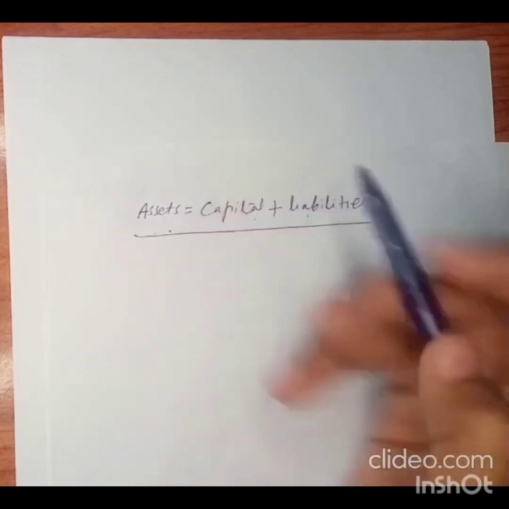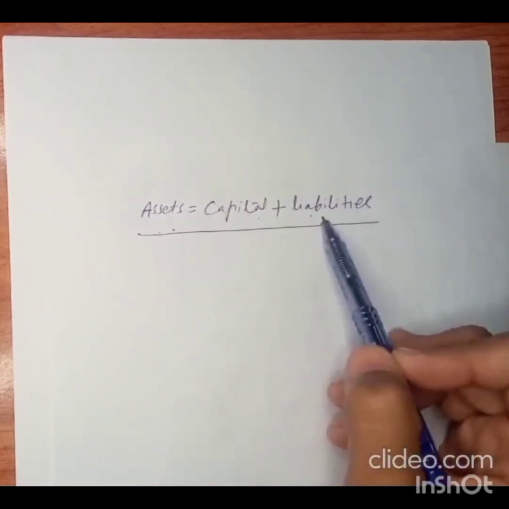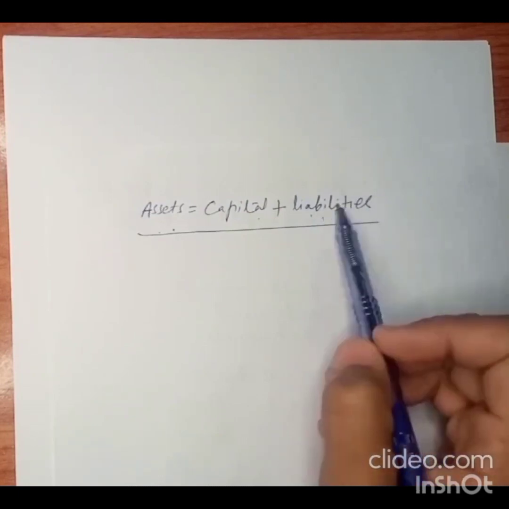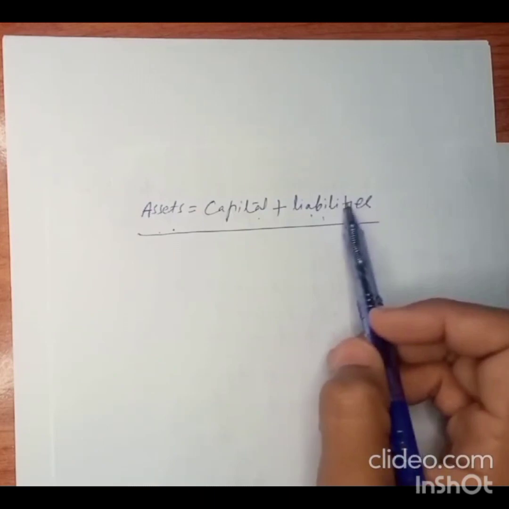And the liabilities include the amount owed by the business for goods and services supplied to the business, and for expenses incurred by the business that have not yet been paid for. They also include funds borrowed by the business.